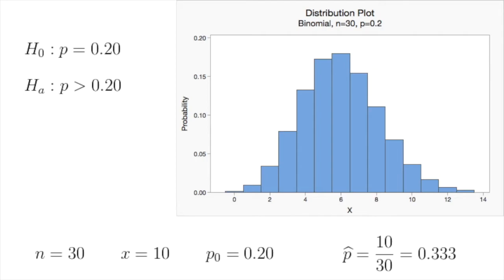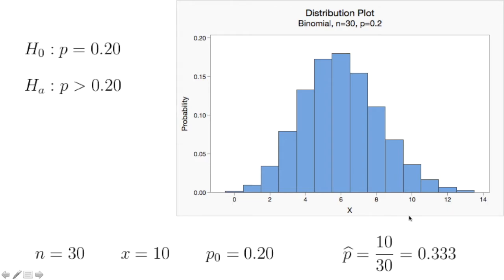We can use the information that we have to construct the sampling distribution. In Minitab Express, I constructed a probability distribution plot for a binomial variable where n equals 30 and p equals 0.2. This is essentially our sampling distribution. We could use Minitab Express to find the proportion on this distribution that is greater than our observed sample proportion of 0.333.